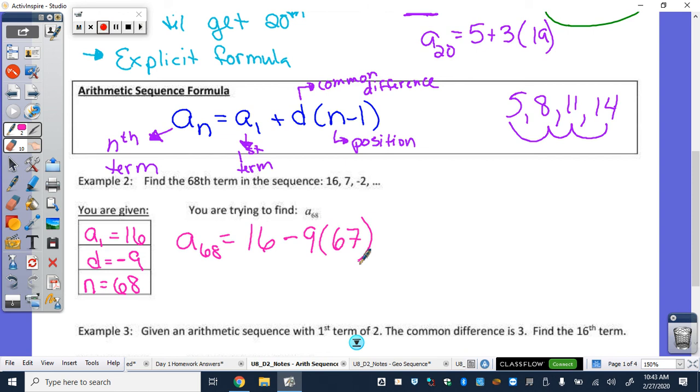And then it's going to be a 67 because subtract 1. Got to make 67 jumps. Go ahead and plug that in and see what we get. What's our 68th term? Should be kind of a big negative. Negative 587.